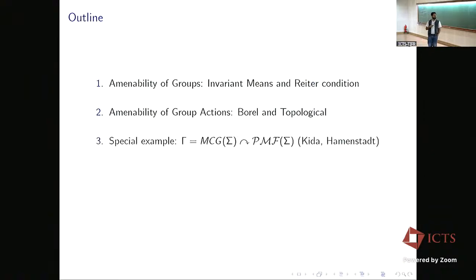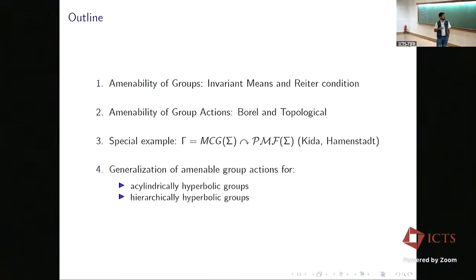And we will spend some time on this example, which is amenable action of mapping class group on the boundary of the curve complex, and topological amenable action on this projective measured foliation times the Stone-Čech compactification. And then I will briefly talk about some generalizations we could manage to prove.